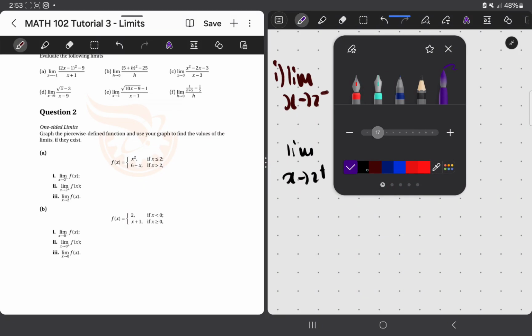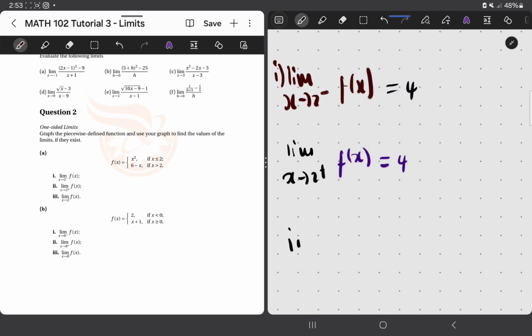Okay, now since both of them have the same limit, we can now say, here it would be now the limit as x goes to 2 of f of x.